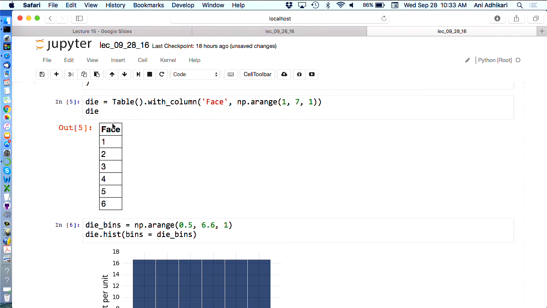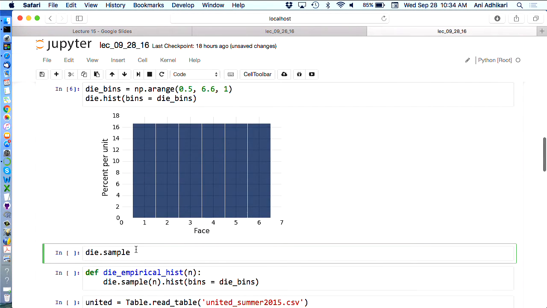If you use the method on the table dice, it will sample rows of this table at random, by default with replacement. Is that a good model for rolling a die here? Yes, because each time you are sampling from the numbers 1 through 6. It samples at random by default with replacement, and you have to tell it how many times you want to sample. So if we want to roll 10 dice, the call is simply die.sample 10 times.